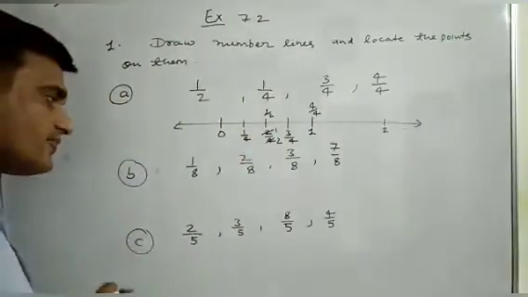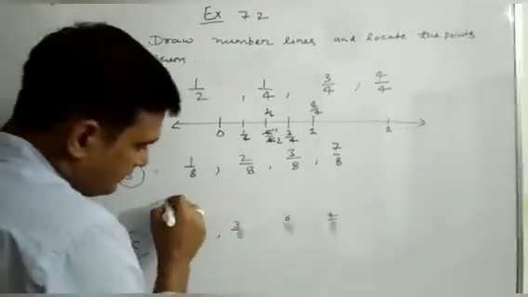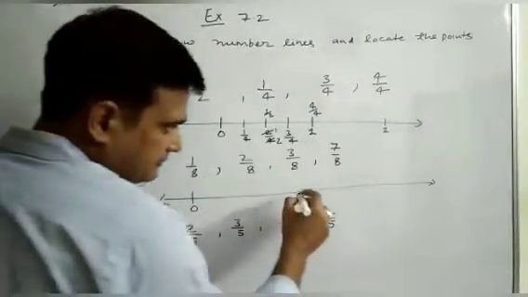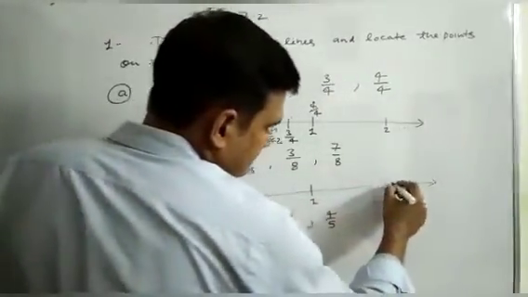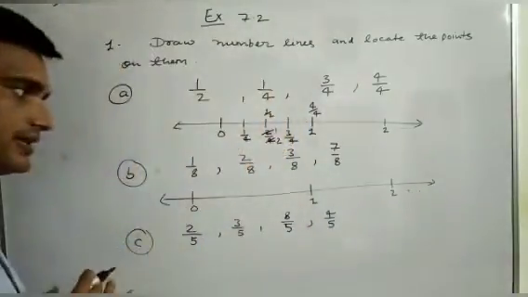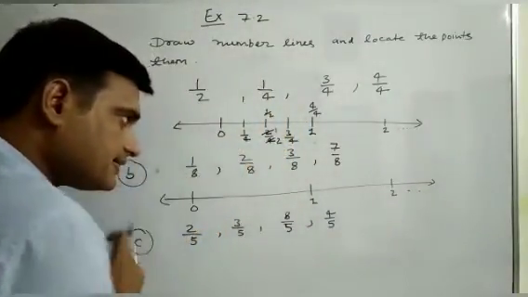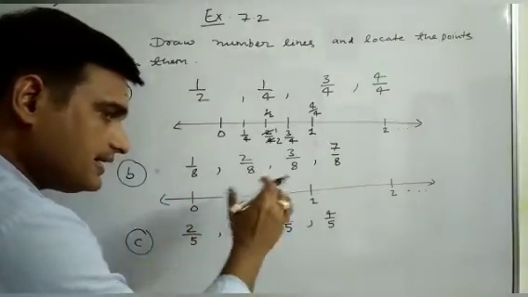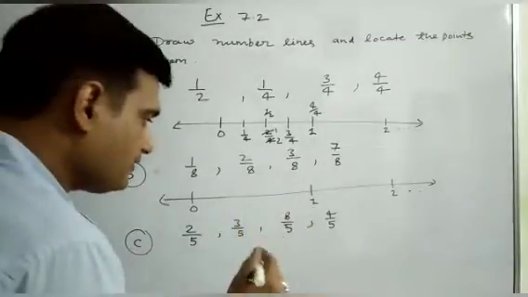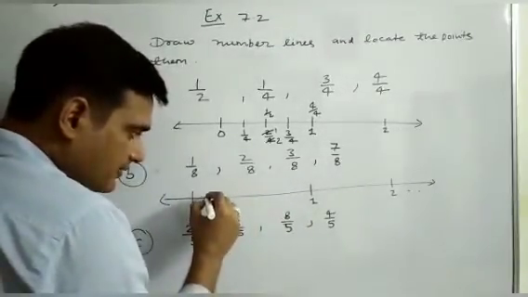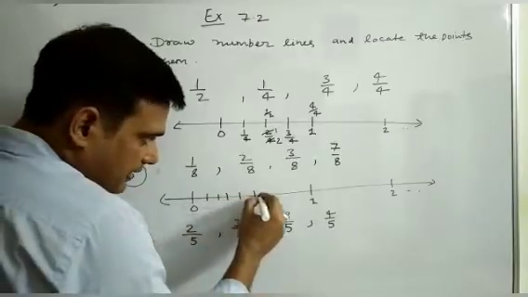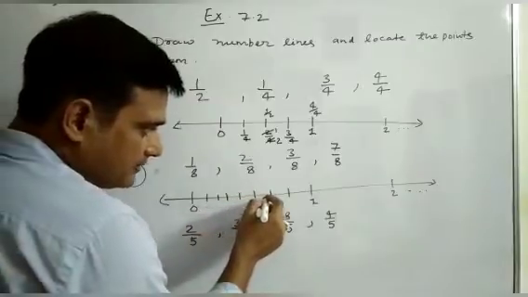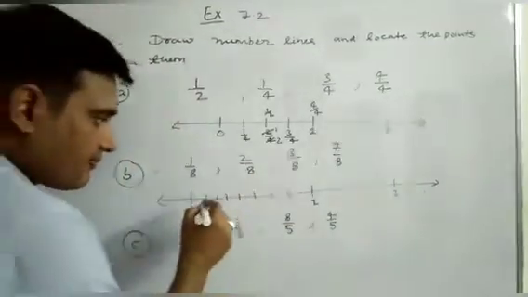Okay. Now in question number B, first again we draw the number line. We take 0 here, 1, 2 and so on. Okay. Here you see that the denominator is 8. Now we divide the gap between 0 and 1 in 8 equal parts. 1, 2, 3, 4, 5, 6, 7, 8. 8 equal parts.